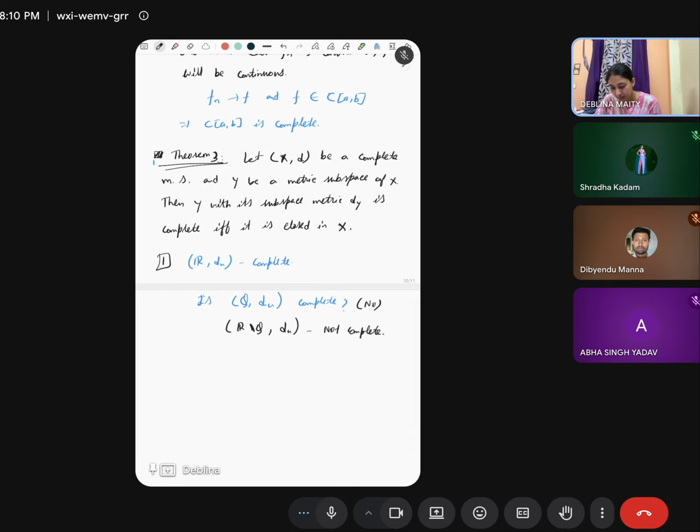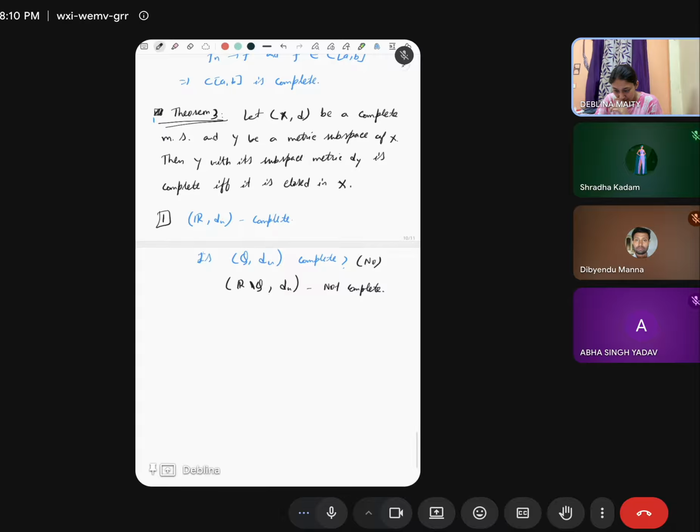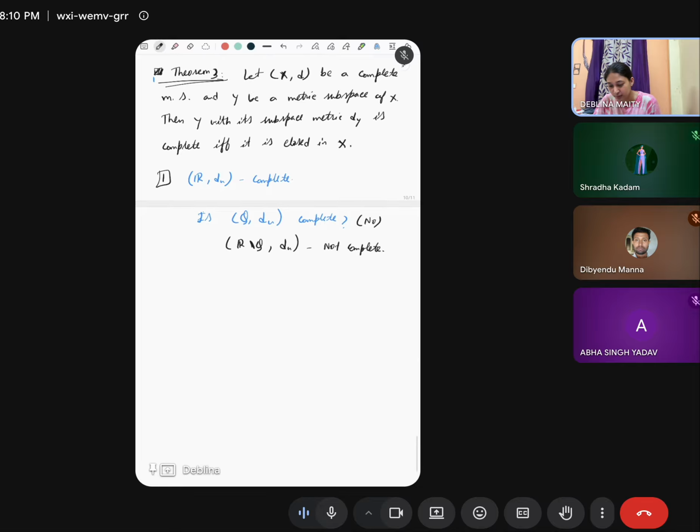Okay. So let's prove this theorem. Okay, so this is an easy proof. You can try it. Okay, so I am not going to the proof.